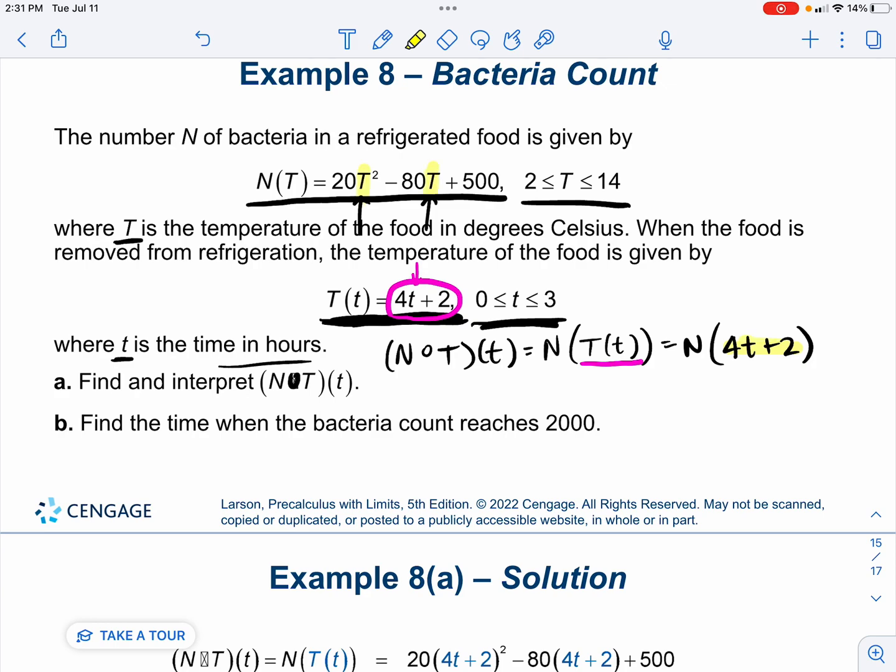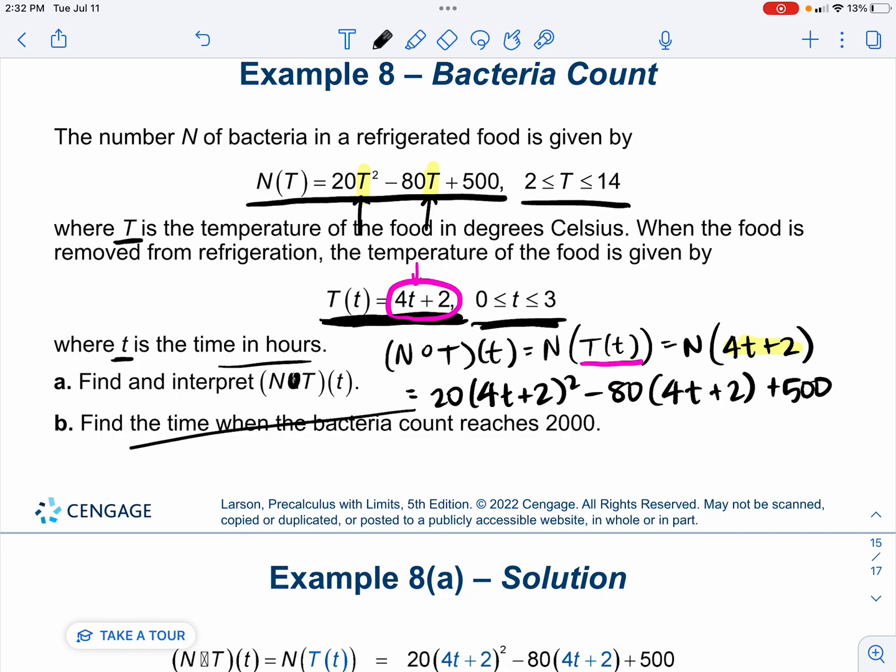I have to take that and plug it in for the variable of the N function. So that would look like 20 times (4t plus 2) squared minus 80 times (4t plus 2) plus 500. I'd have to simplify that.